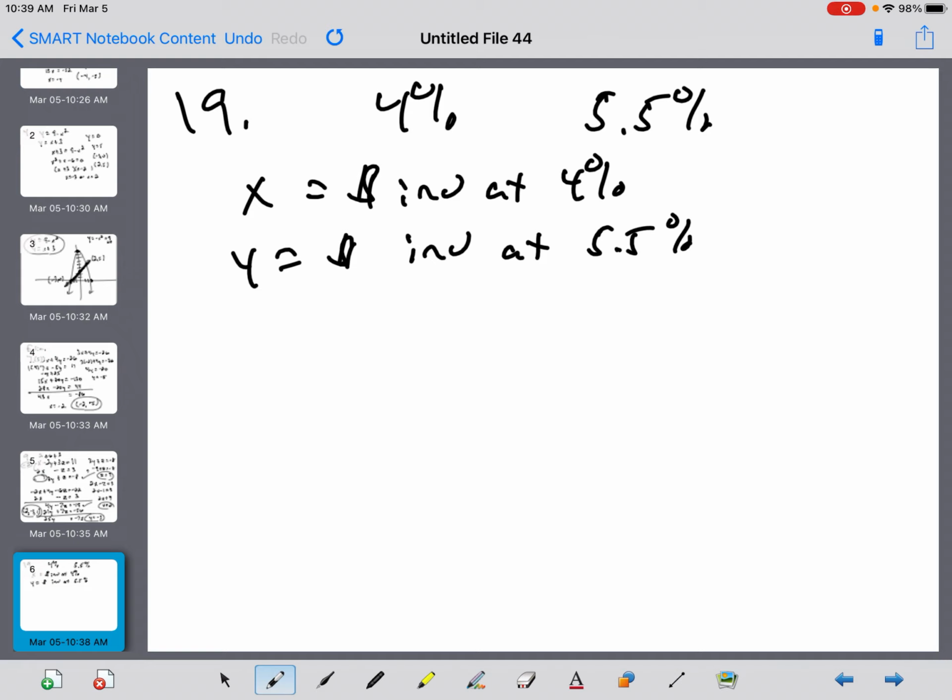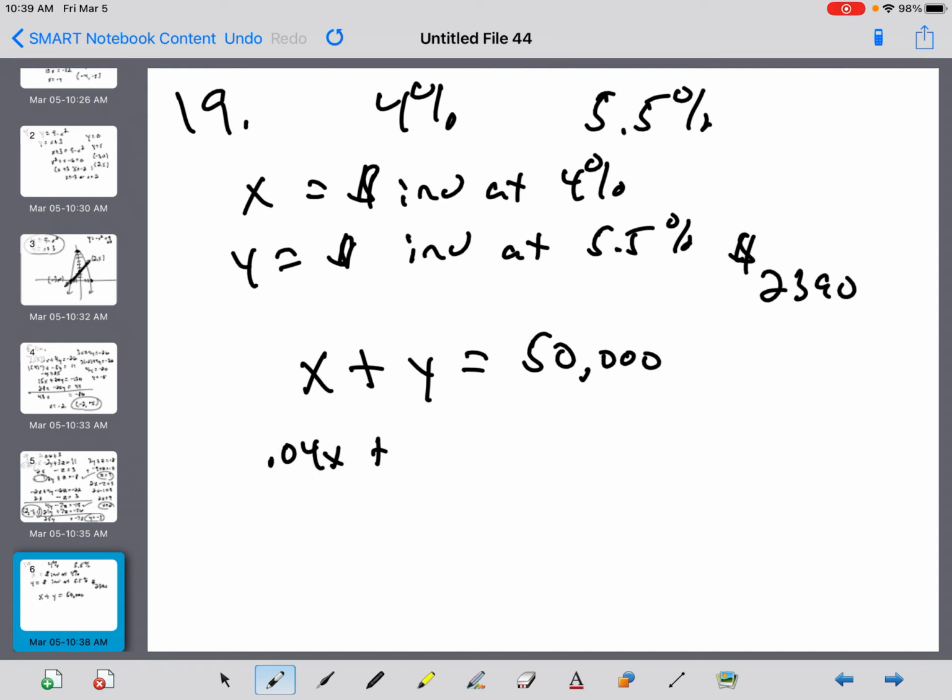So it says in the problem that the two investments add up to $50,000. Now the total interest ends up being this. So if I take the 4% of X and the 5.5% of Y, notice how I wrote that, 0.055, is equal to 2390.